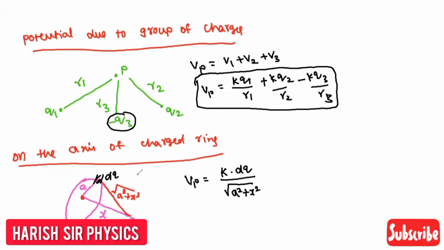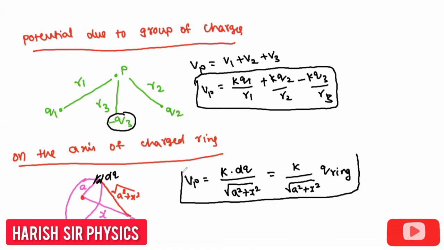This is the distance. The summation of dq is the total charge on the ring. So we can write Vp is equal to K into Q ring divided by the square root of a square plus x square.